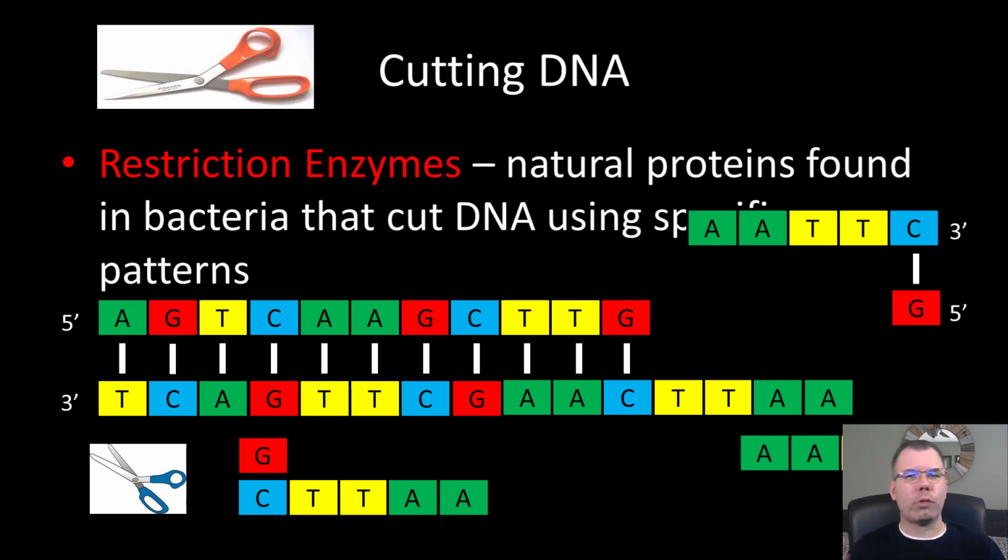So if I was working in a lab, I can call up New England Biolabs and say, hey, do you have this EcoR1 enzyme? They say, sure, send it to me on dry ice. I get it the next day and I'm ready to go, and I can start slicing some DNA up. Basically they have this huge long catalog of all the different enzymes that you can look up from a number of different species of bacteria.